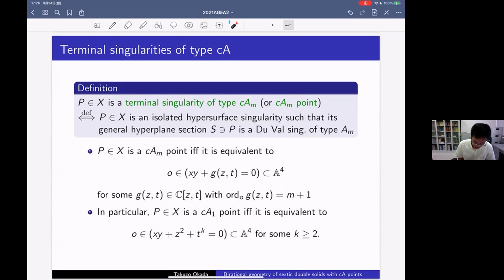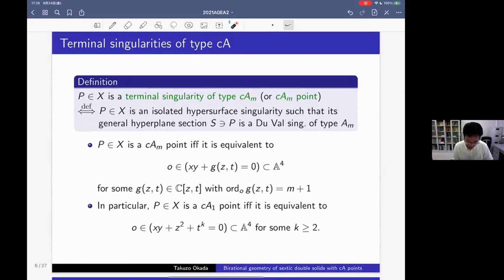In particular, P is a cA_1 point if and only if it is equivalent to this kind of hypersurface germ for some k. This is a cA point. In a similar manner, we can define cD or cE points, but in this talk, I only consider cA points.